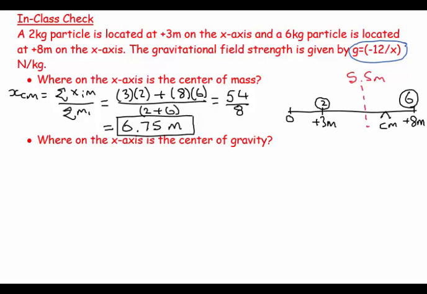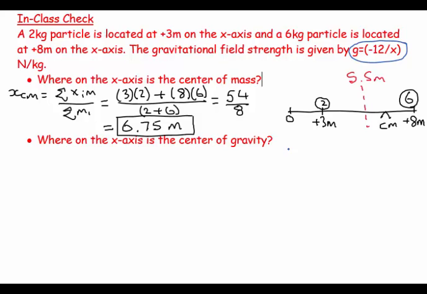Well, this is a gravitational field that gets weaker as x increases. So if I imagine a gravitational attractor here, then this will have a very large weight, and this will have a quite small weight, because although it's more massive, it is much further away.